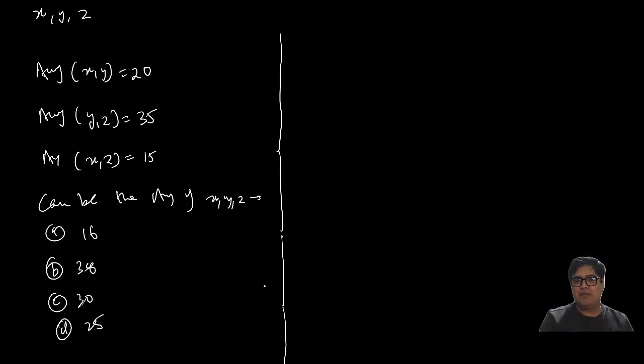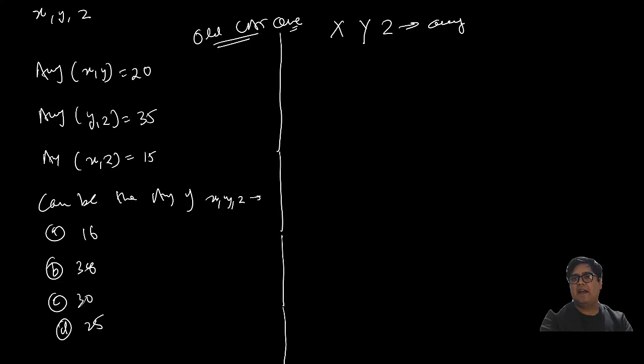It's a modification of an old CAT question that you are seeing on the screen. Observe. I'm assuming capital X, Y, Z are their averages and small a, b, c are the number of students.